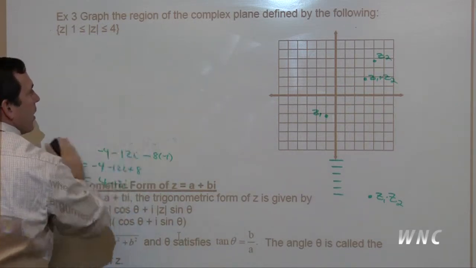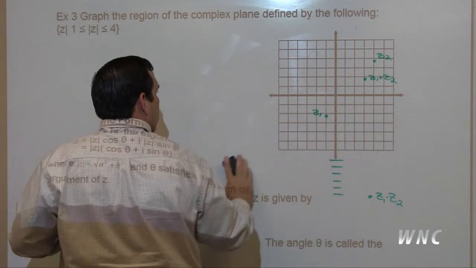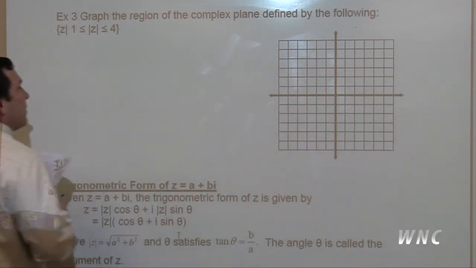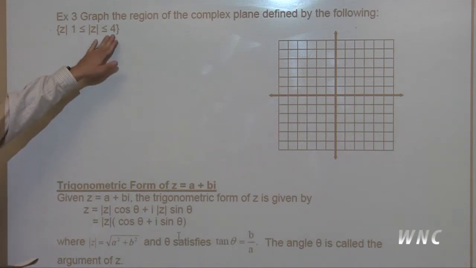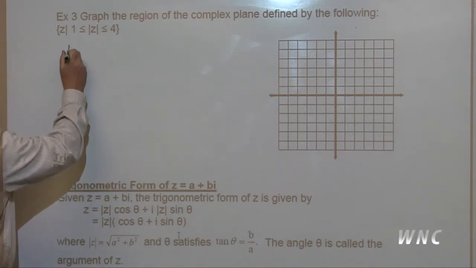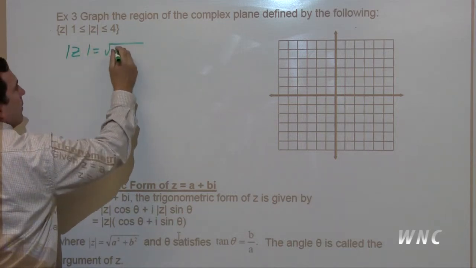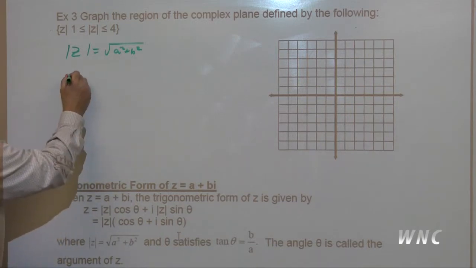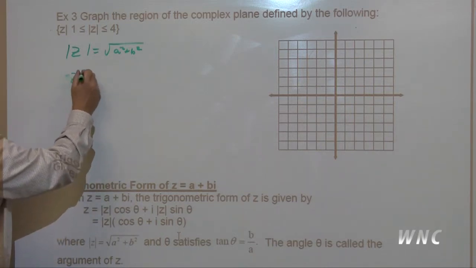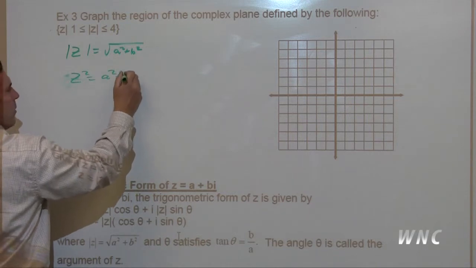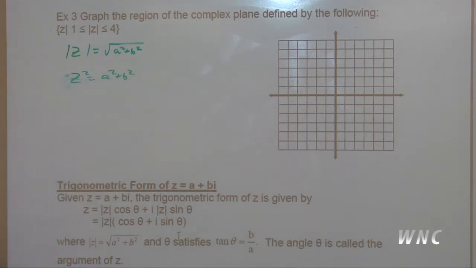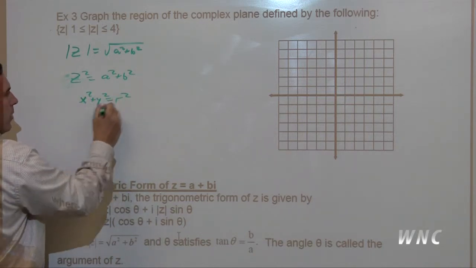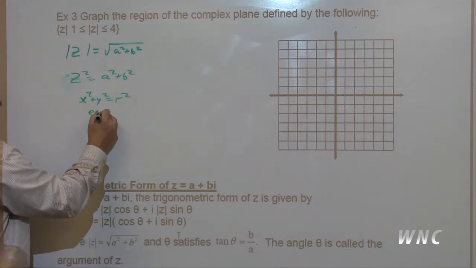Now graph the region of the complex plane defined by the following: z such that 1 is less than or equal to the magnitude of z, less than or equal to 4. Recall that the magnitude of z is the square root of a squared plus b squared. So the magnitude squared is equal to a squared plus b squared. This, in a way, resembles x squared plus y squared equals r squared, and that's the equation of a circle.